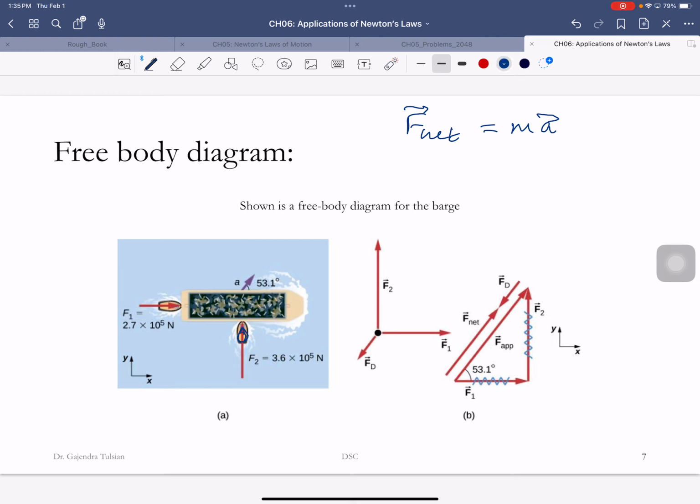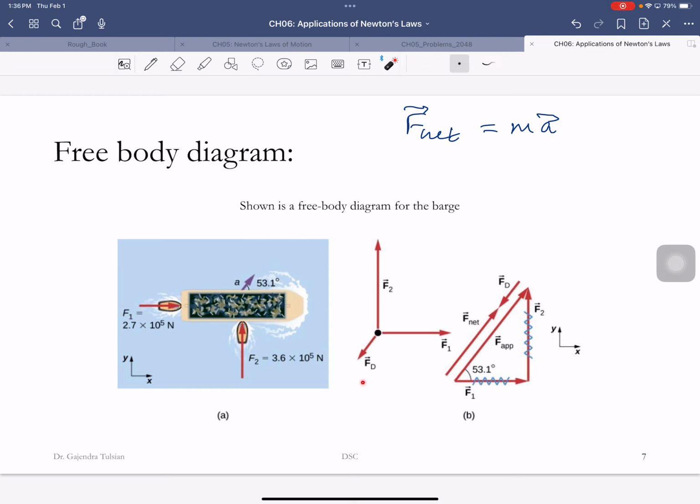So for instance, if this barge was pushing over there, what would happen? It would rotate. So we don't want to account for all of that. We don't want to complicate things. Right now, without having said so, all the forces are acting through the center of mass of the object. So anyway, this is the free body diagram.